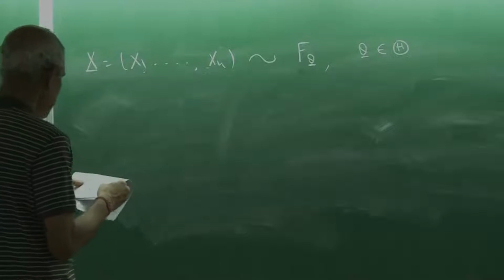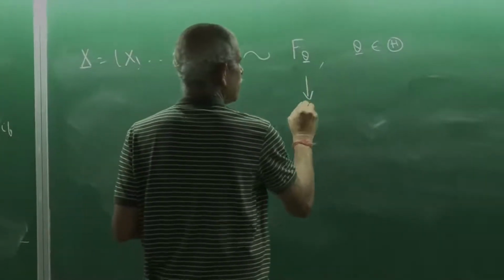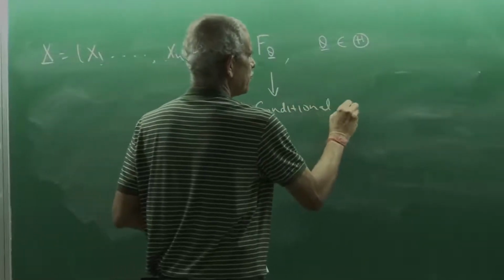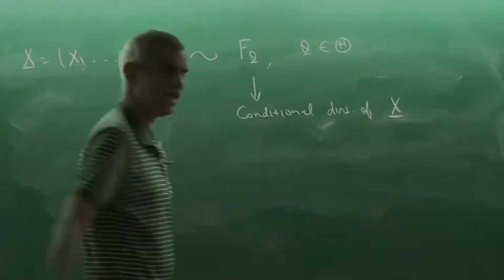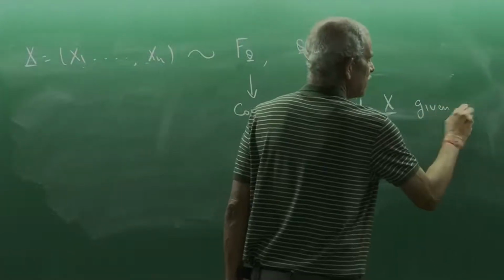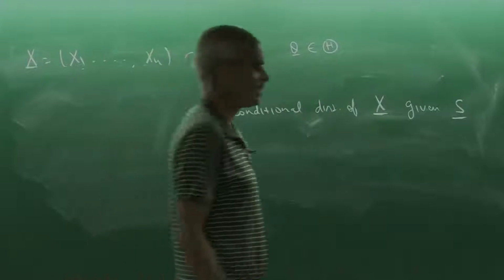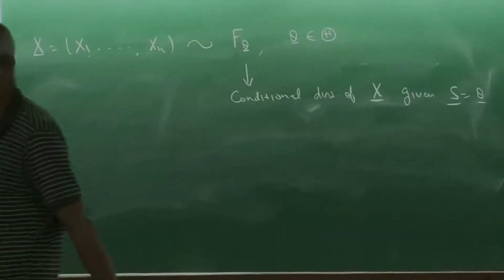So this can be treated as a conditional distribution of the sample x, given that the state of nature, which is random, is realized as theta. Right? As you vary theta, you get a different conditional distribution.